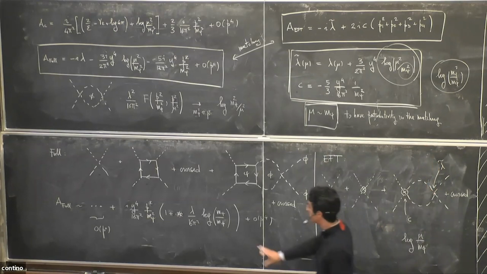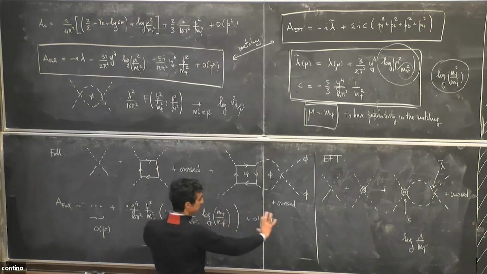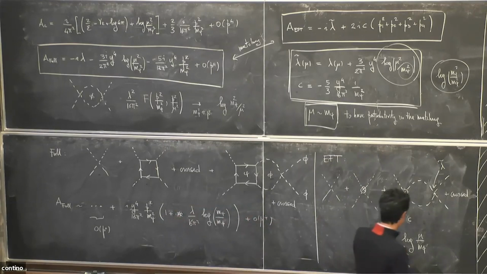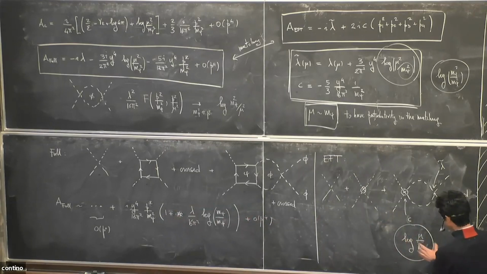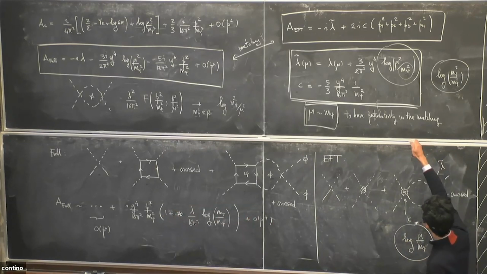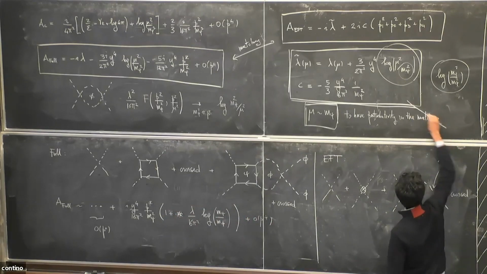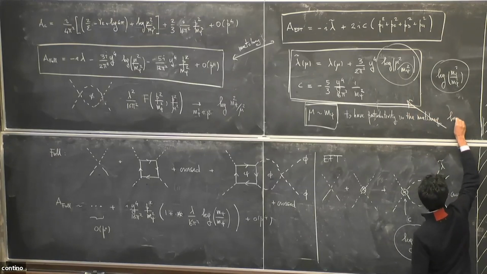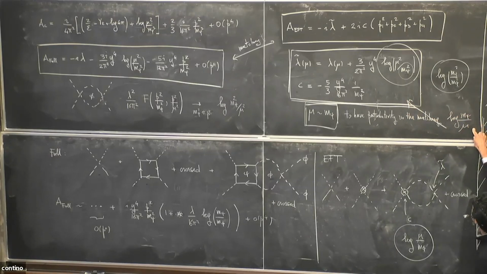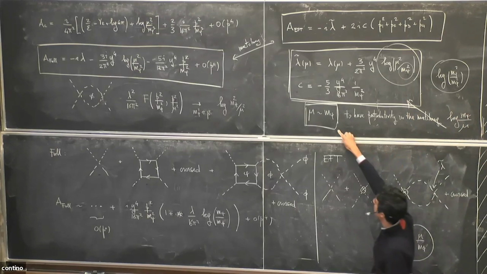So this log, which is potentially big, is split in two terms: one in the effective theory between mu and m phi, and the other, which now unfortunately I cannot write, is a log of m psi over mu, which again can be made small by choosing mu of order m psi.